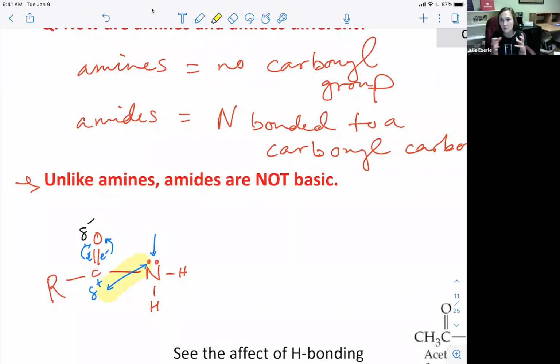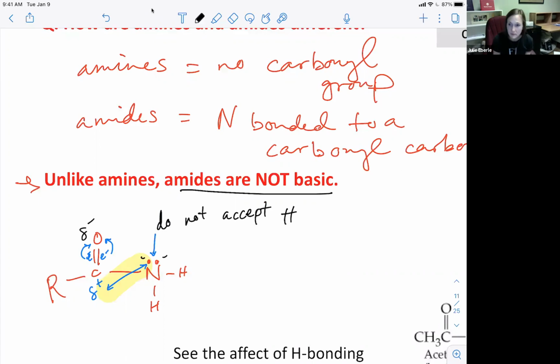These are very aware that they're bonded to this partial positive carbon. We know opposites attract. These electrons have a lot of negative charge, right? And they see that partial positive carbon. So the reason we're saying amides are not basic, we said amines can act like bases. Yesterday, we even looked at acid-base reactions where amines act like bases around water or other acids, and they accept a hydrogen. Amides don't do that. So these electrons do not accept hydrogens.